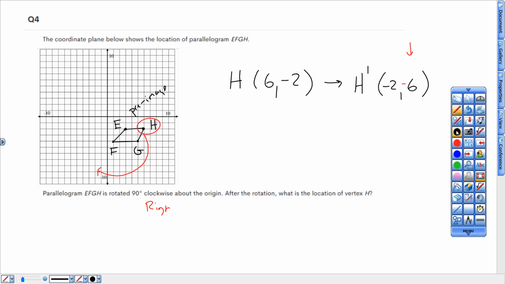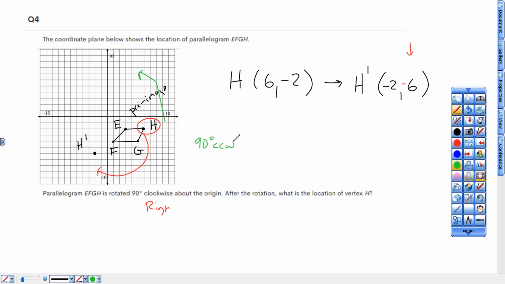I would plot the new G, left 2, 1, 2, 3, 4, 5, 6. This is where the new H will go when it does a quarter turn to the right. If I was doing a quarter turn to the left, which you need to know, that would be a 90-degree counterclockwise turn.